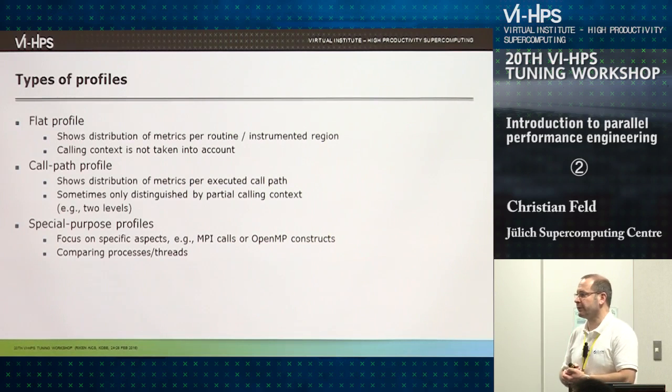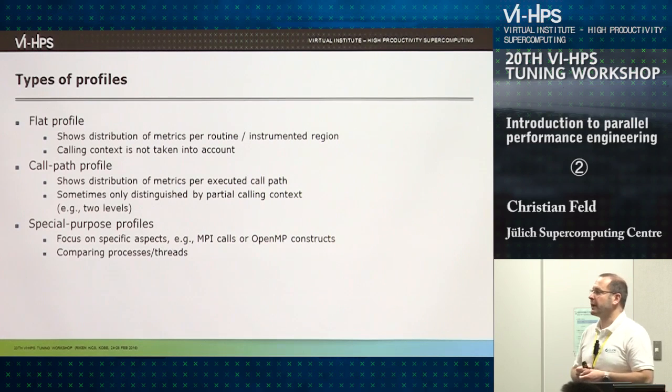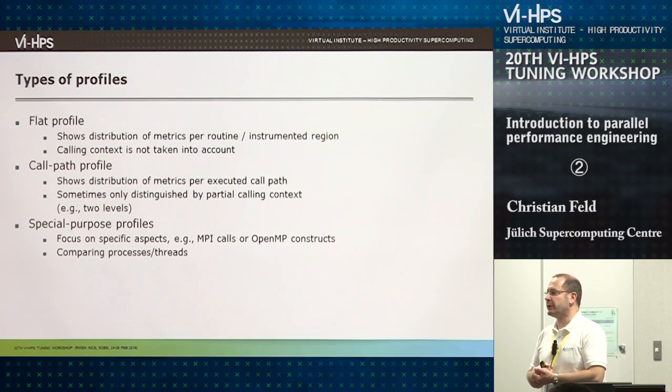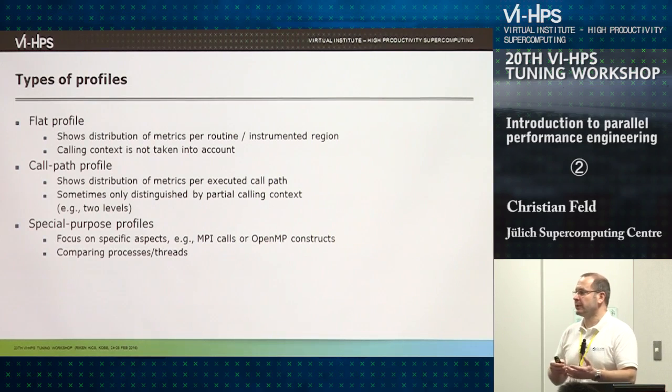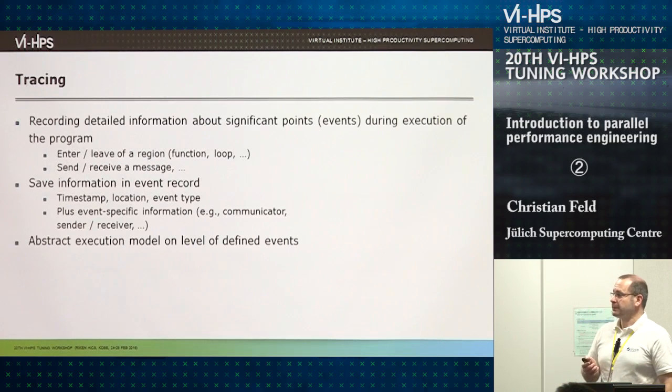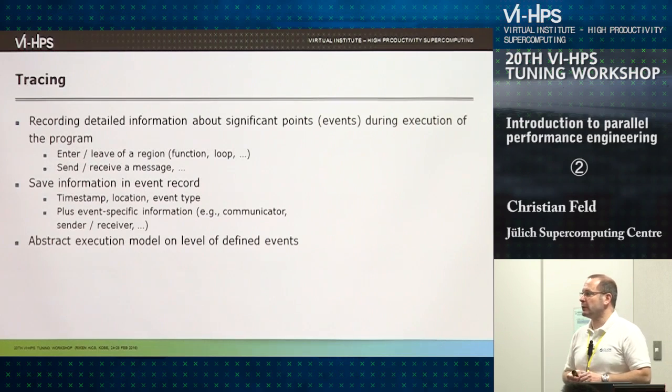Okay, then you can also have some special purpose profiles that just focus on MPI calls or some OpenMP constructs. And then you can compare what's happening on different processes or different threads.